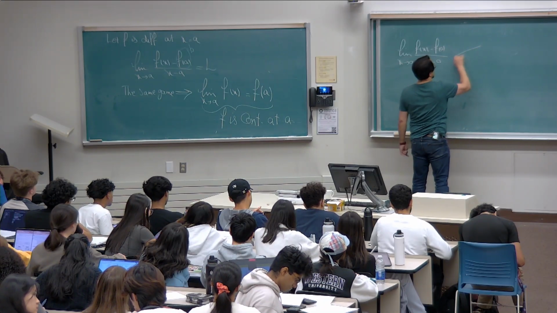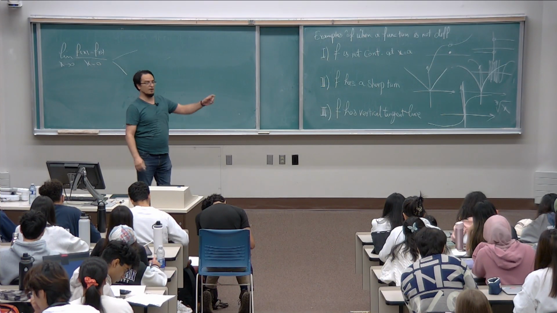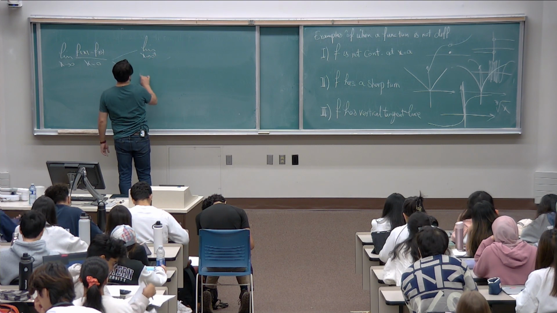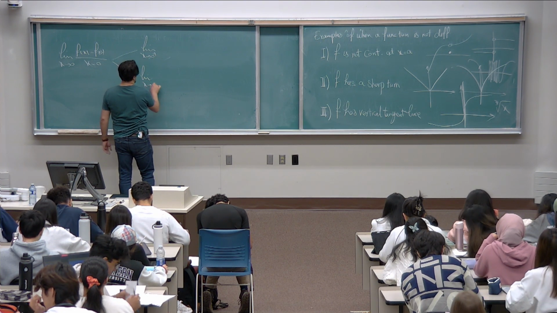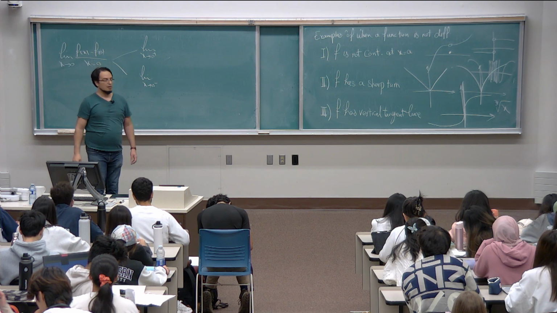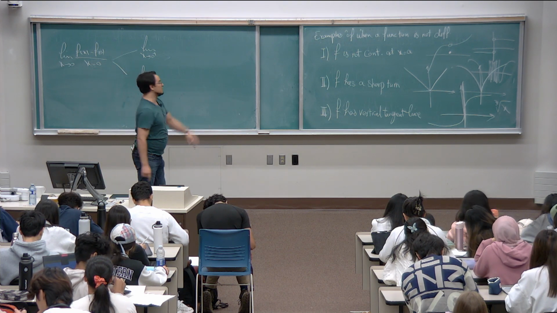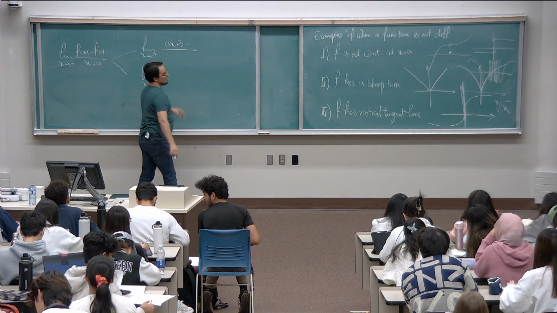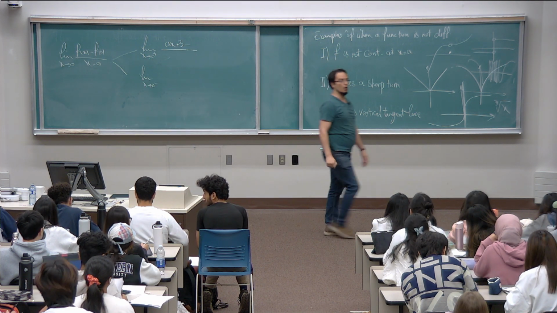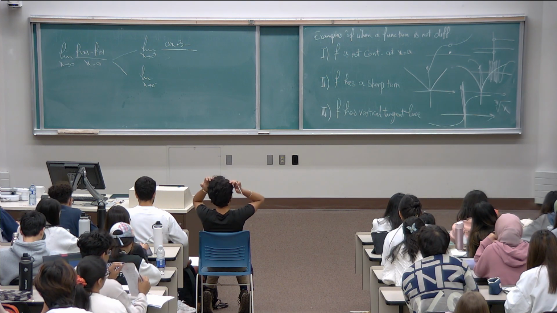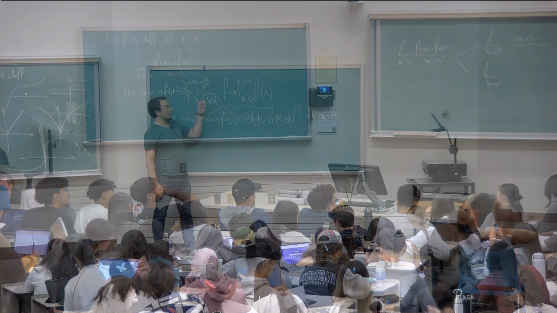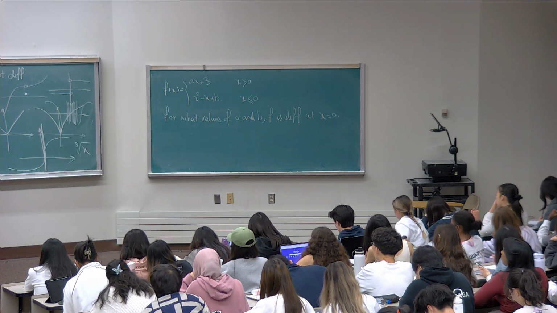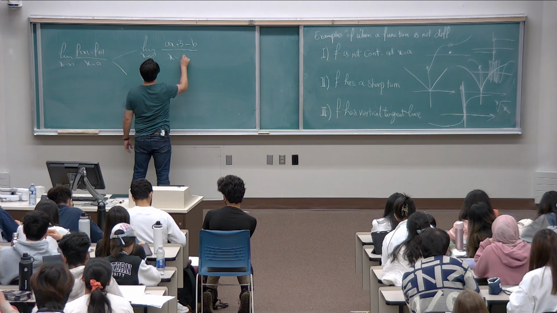Since this is piecewise defined, I will split into 2 pieces: limit as x goes to 0 plus, and limit as x goes to 0 minus. When x approaches 0 from the positive side, my function is ax plus 3 minus f at 0. What is f at 0? You have to plug it into this one: 0 squared minus 0 plus b. So that's minus b, divided by x minus 0.